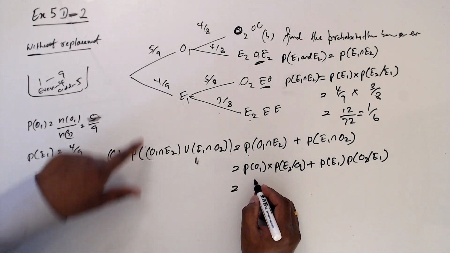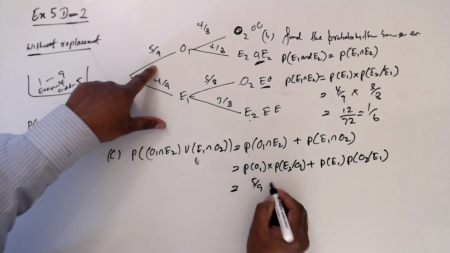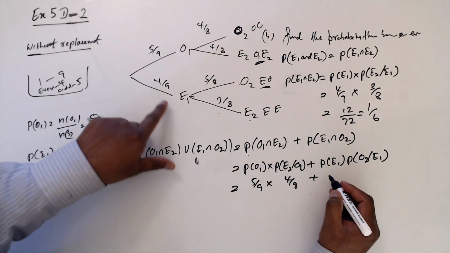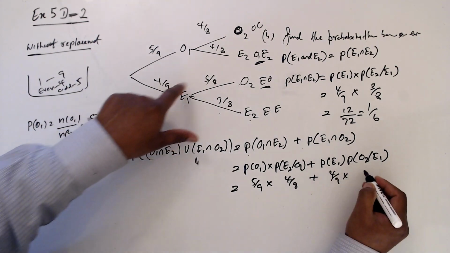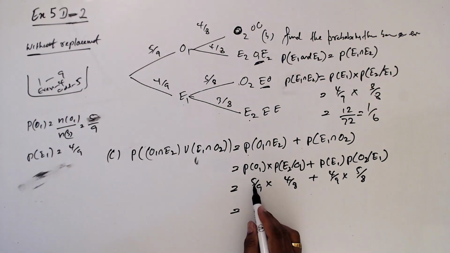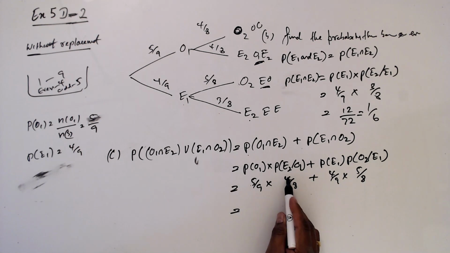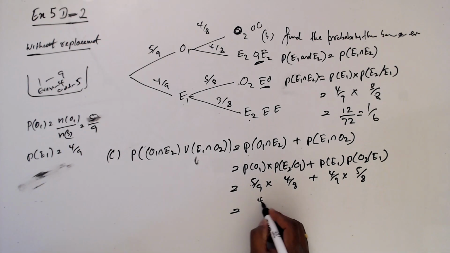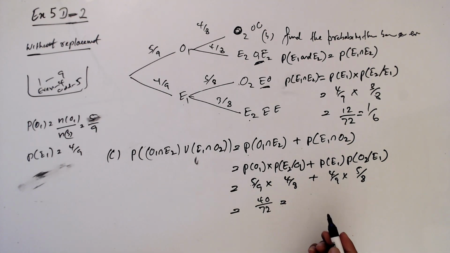Then this is going to be 5 over 9 times 4 over 8 plus 4 over 9 times 5 over 8. It means this is 2 times 5 times 4, 20, 4 times 5, 20. It means 40 over 72, which is 5 over 9.